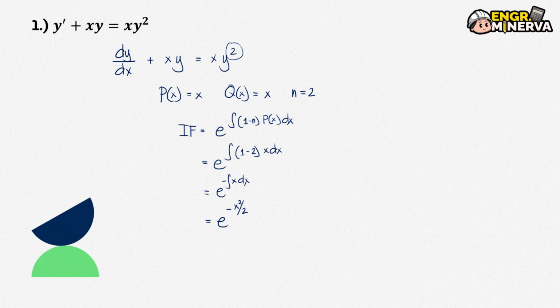And since we now have our integrating factor, we can have our general solution. That would be y raised to 1 minus n multiplied by your integrating factor equals integral of 1 minus n. Okay, so our n is 2 and our q of x is x.